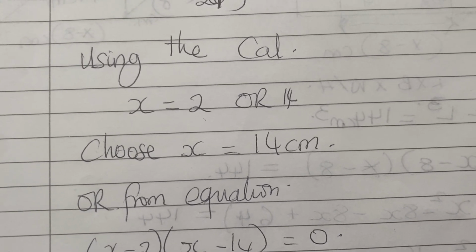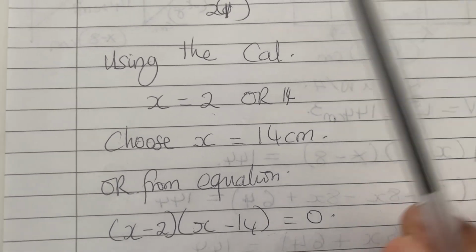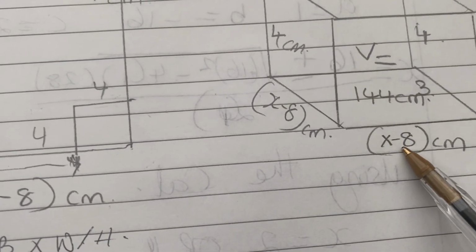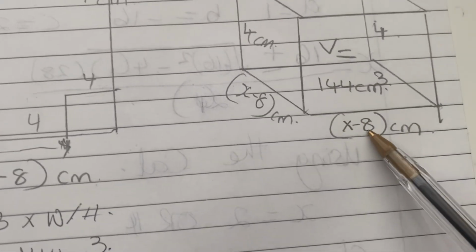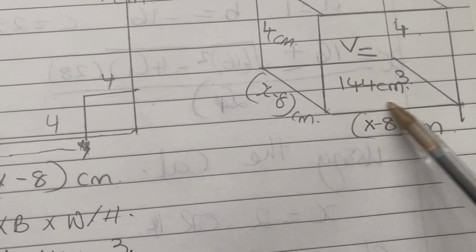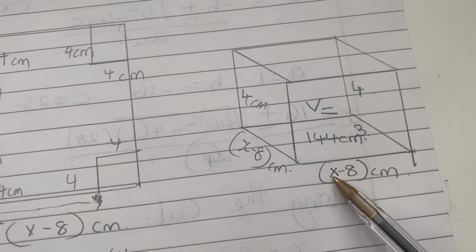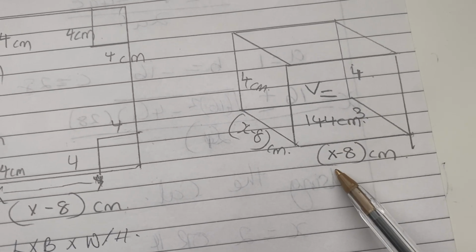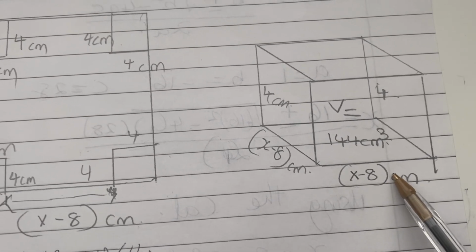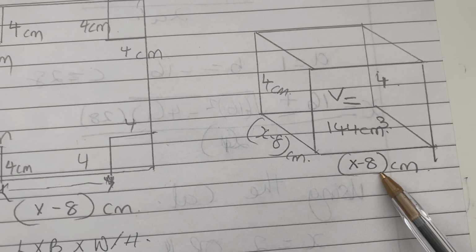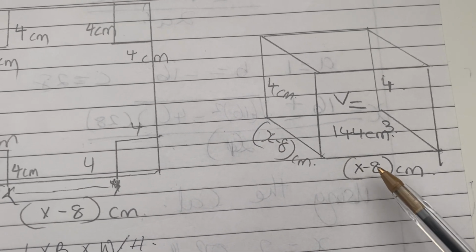Now, two positive answers. Which one are you going to choose? If you choose x equals 2, let's look at the diagram again. 2 minus 8 will give you negative, but you don't want the negative length. So x definitely is 14. So that 14 minus 8 will be positive. 14 minus 8 will be 6.